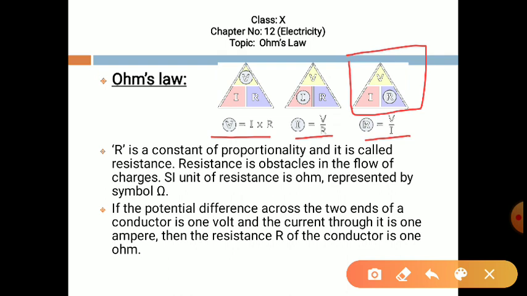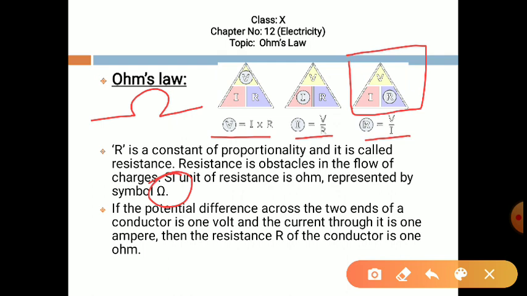So what is R? R is the constant of proportionality, and it is known as resistance. Its SI unit is ohm, which is represented by this symbol. This is the symbol of ohm. Resistance is the obstacle to the flow of charge through conductors.